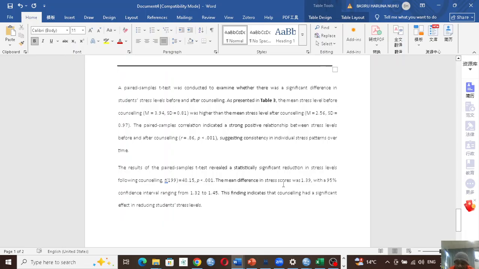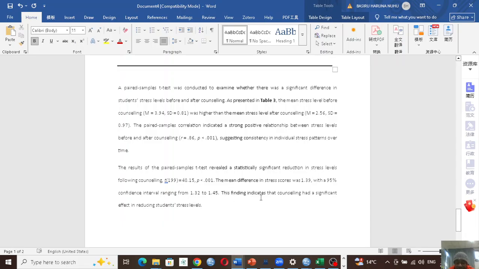The mean difference in stress across was 1.9. So that is to say, taking the mean stress before the counseling and then after the counseling, when we take the difference, we get this one. And then with 95% confidence level, it falls within 1 point, because this value, you can find it between 1.32 to 1.45.